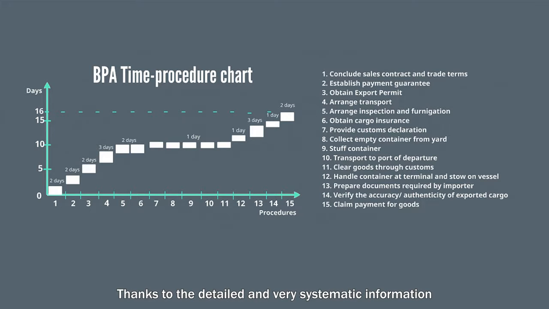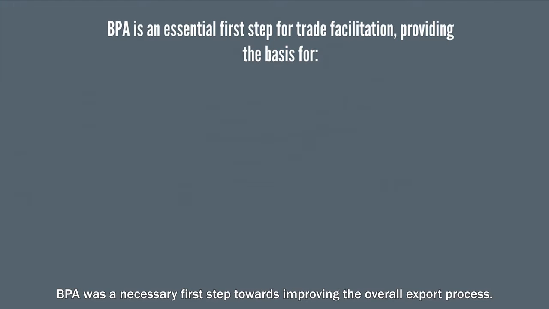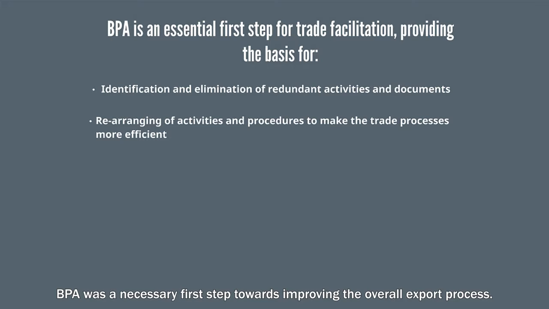Thanks to the detailed and very systematic information collected through the BPA on each of the as-is existing procedures, the main bottlenecks could be identified and a to-be process could be proposed. Ultimately, BPA was the necessary first step towards improving the overall export process.